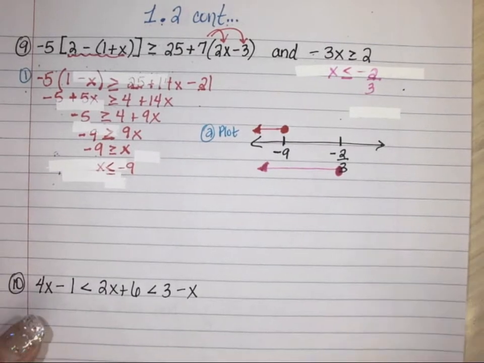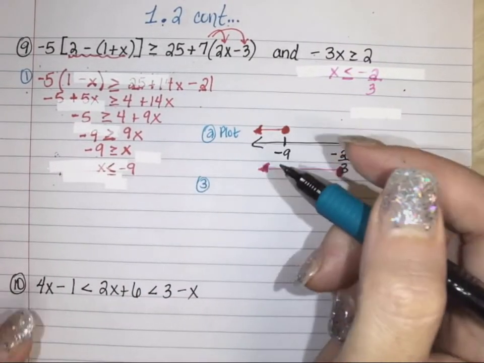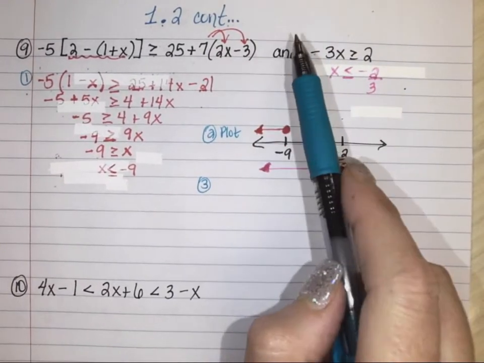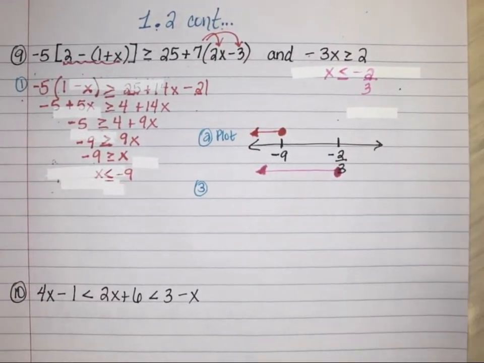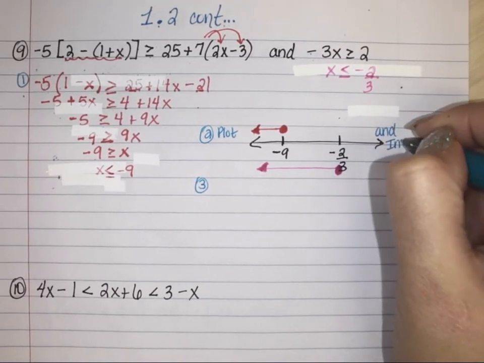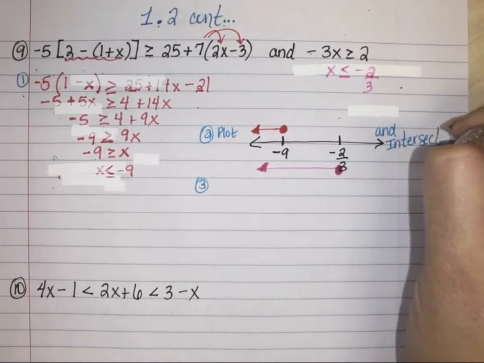Okay, now that we plotted them, step number 3 was to go back and look at what was joining them, which was and. So now we need to find out where both solution sets intersect or overlap.